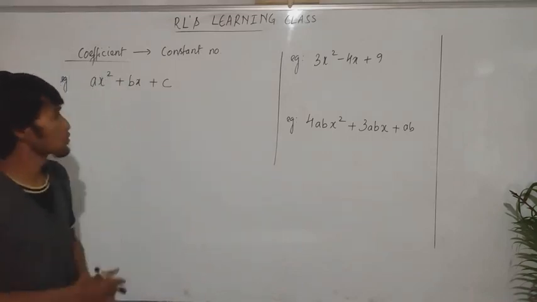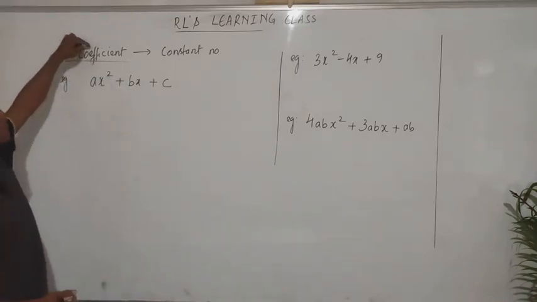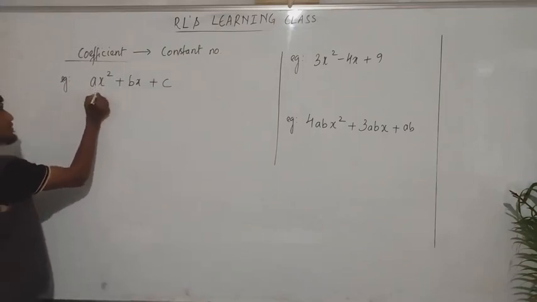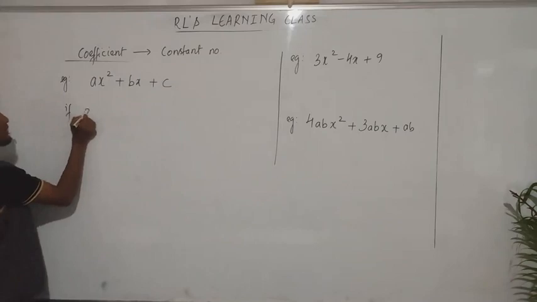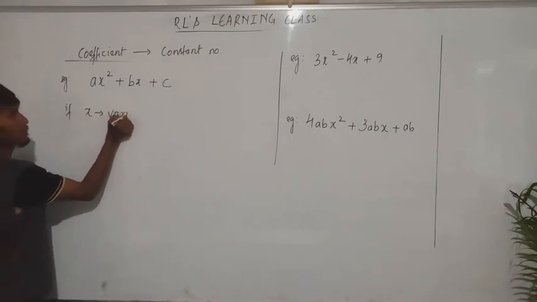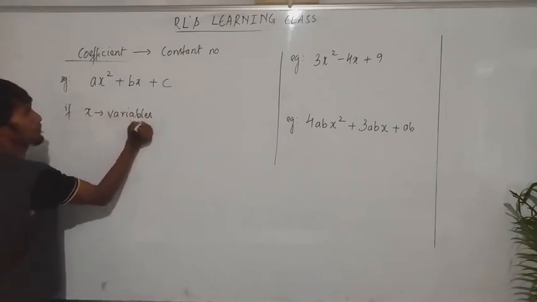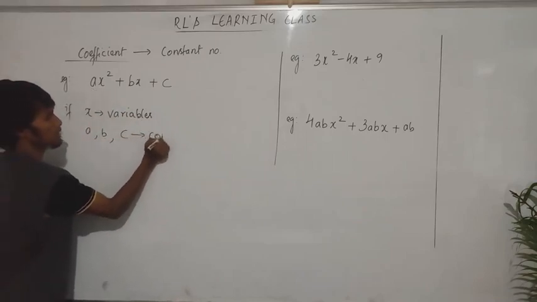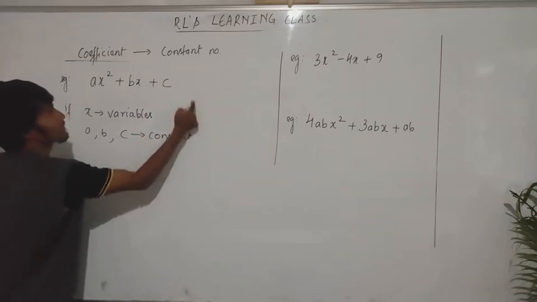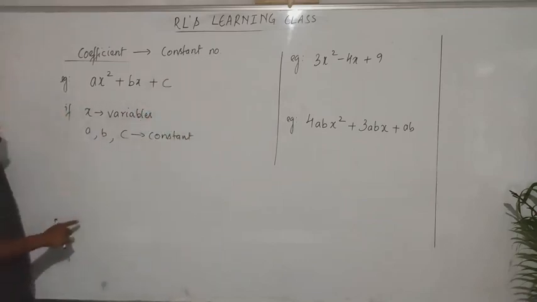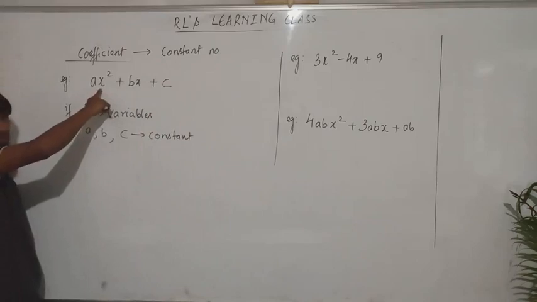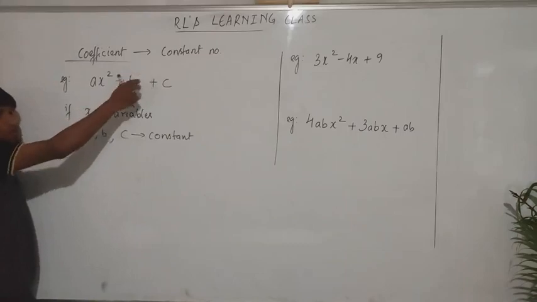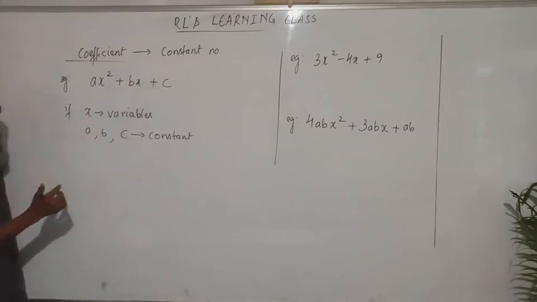Okay, now come to the next topic, coefficient. A coefficient in general is a constant number. Look at this example: you consider this x to be the variable. What is this x? Variable. Then a, b and c will be the constant numbers.